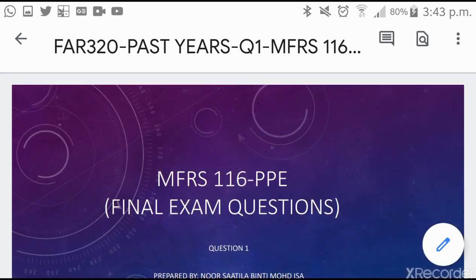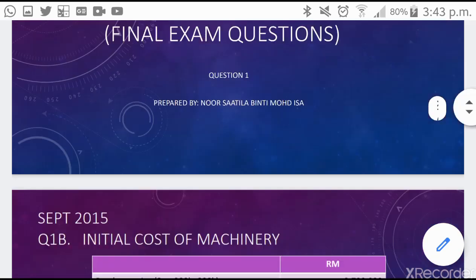And also looking at what are the carrying amount of the asset as at the end of the year. Just wait for a while. I'm trying to find the answer.